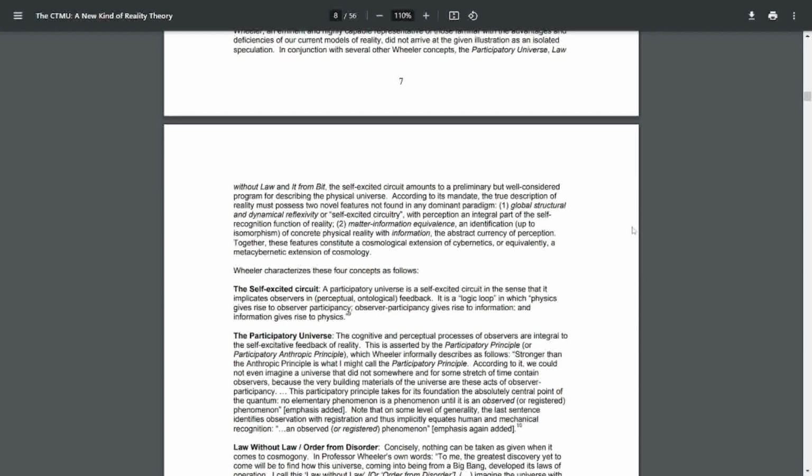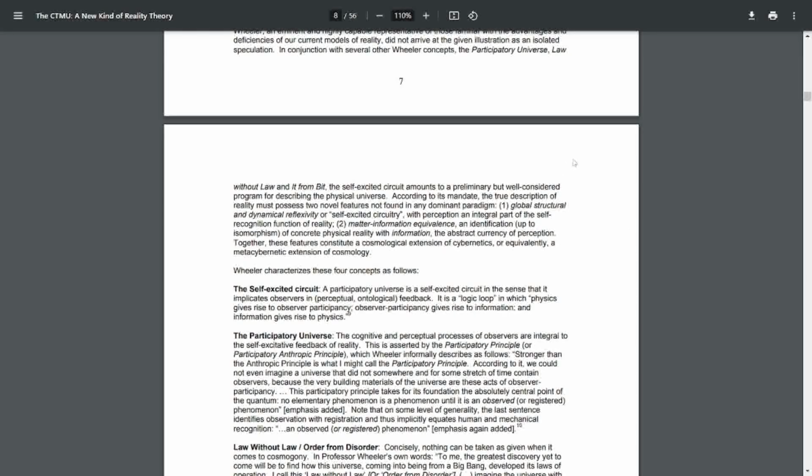So that's another idea I really do like of Langan's. I think we actually read him say this outright, that the information of the chair, what does the code look like? It looks like the chair. And we are perceiving that, and the information's rendered to us. Okay, and identification up to isomorphism of concrete physical reality with information, the abstract currency of perception. Together, these features constitute a cosmological extension of cybernetics, or equivalently, a metacybernetic extension of cosmology.